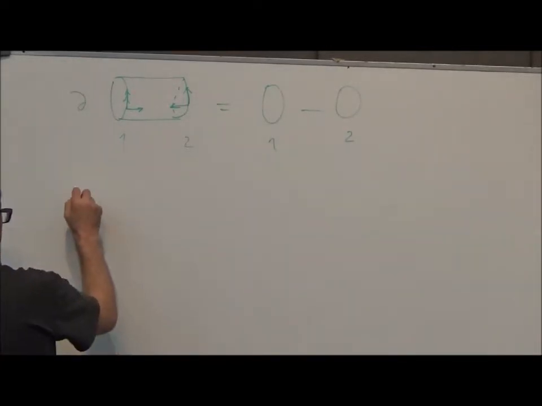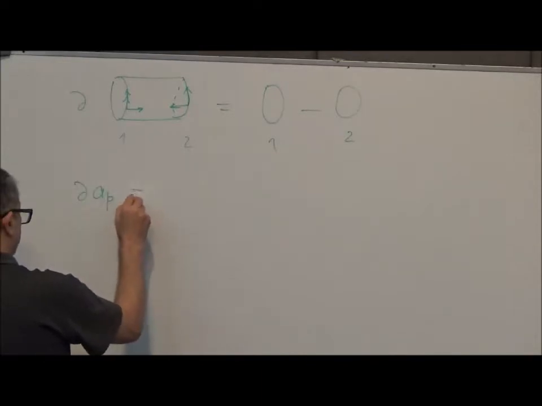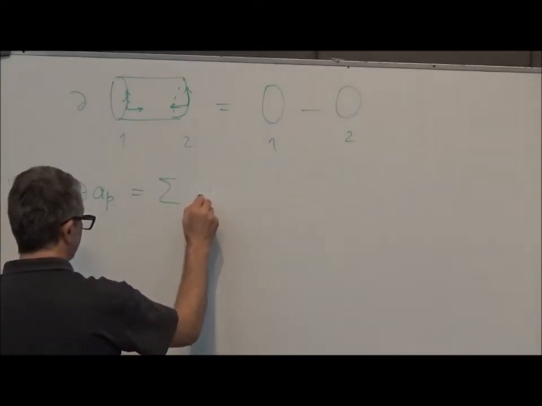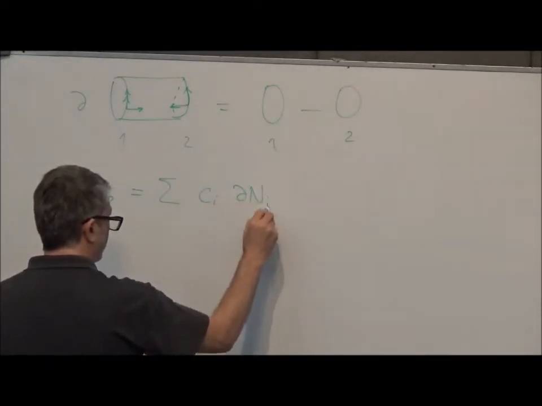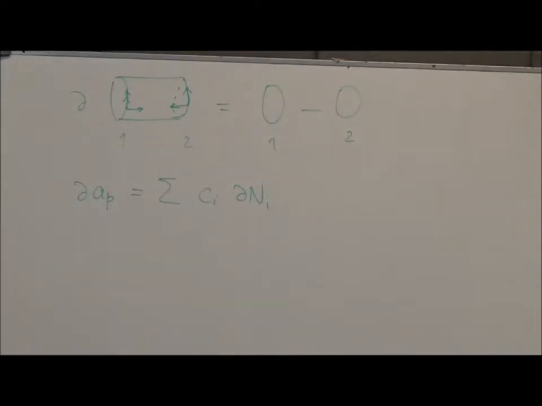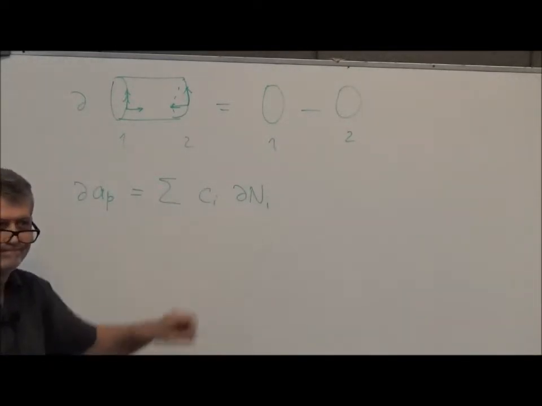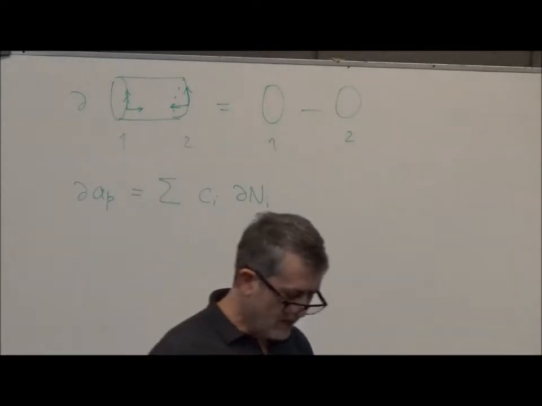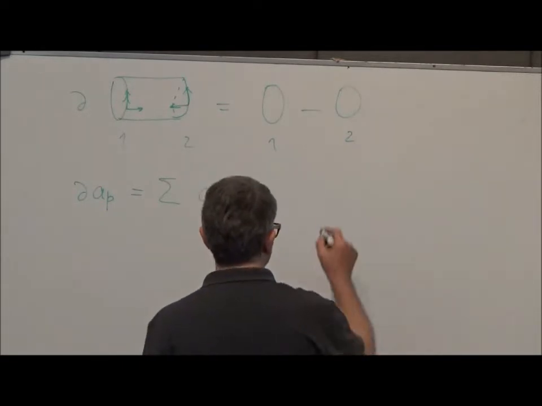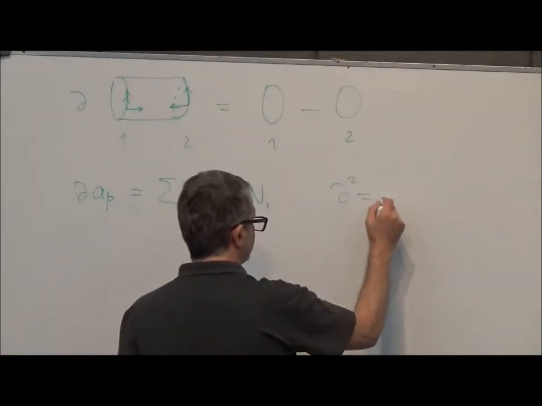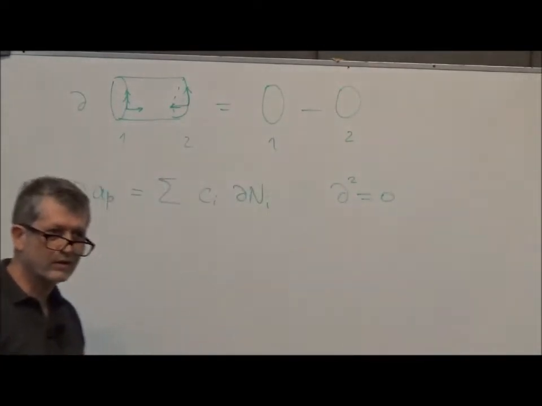The boundary then of this P-chain, where we sum over the P-dimensional submanifolds, is just the sum of the boundaries. It does not act on the coefficients. And as a boundary map, it has this nice property, which is the same as d squared: the boundary of the boundary is 0.